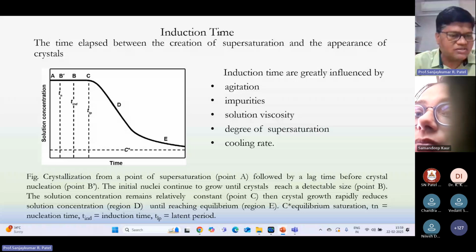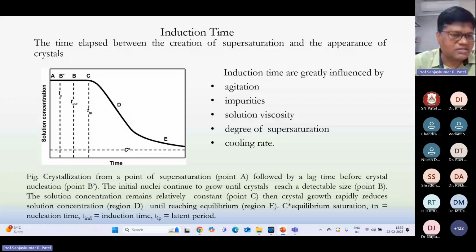Any concentration above this C star is known as a supersaturated concentration. That means the A point is supersaturated concentration. So the time required from the creation of the supersaturation, the initial time, if I say it's T0, to this time at the B, this time is known as induction time.